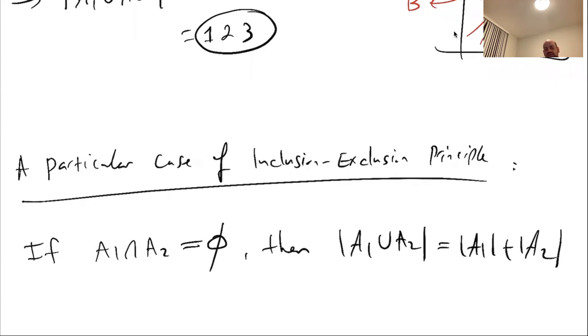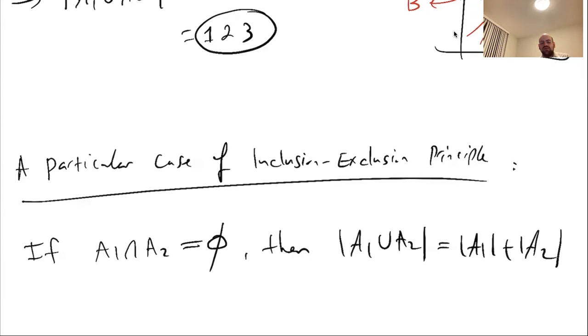So remember we said that if you have one task and you can do it either in N1 ways or in N2 ways, then to know in how many ways you can perform that task, you can add N1 and N2, but you have to subtract the common ways.